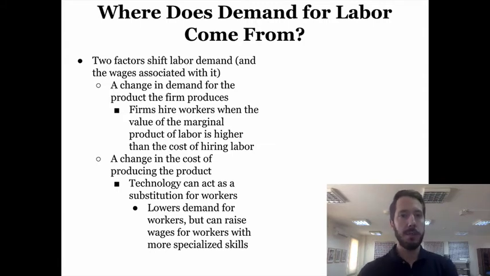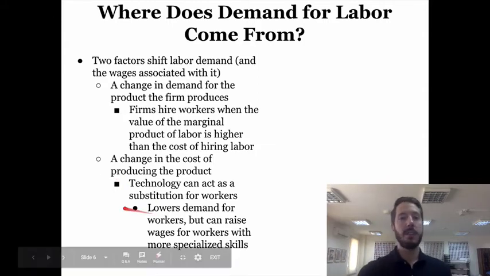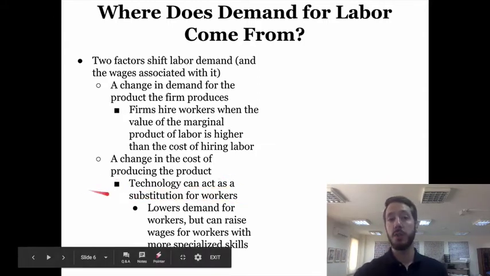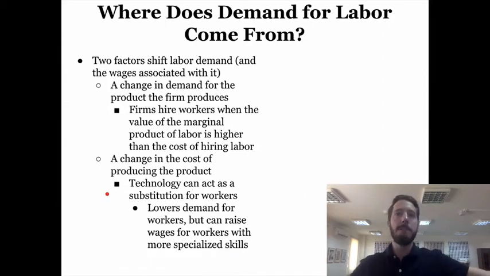Another factor that can shift demand is a change in the cost of producing the product. If it becomes cheaper to produce that product or to produce that service, then you can hire more labor. Or if that technology makes it more expensive, you're going to fire people. Now, technology can act as a substitution for workers. So I can buy a machine that can do the work of 5 people.